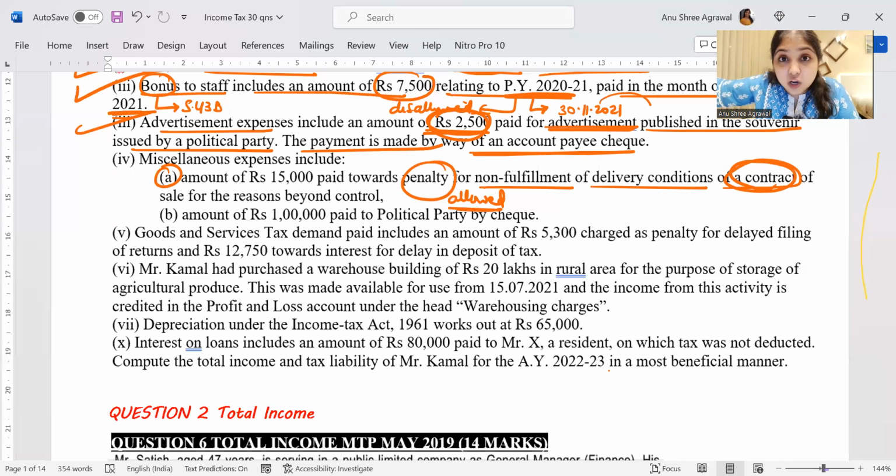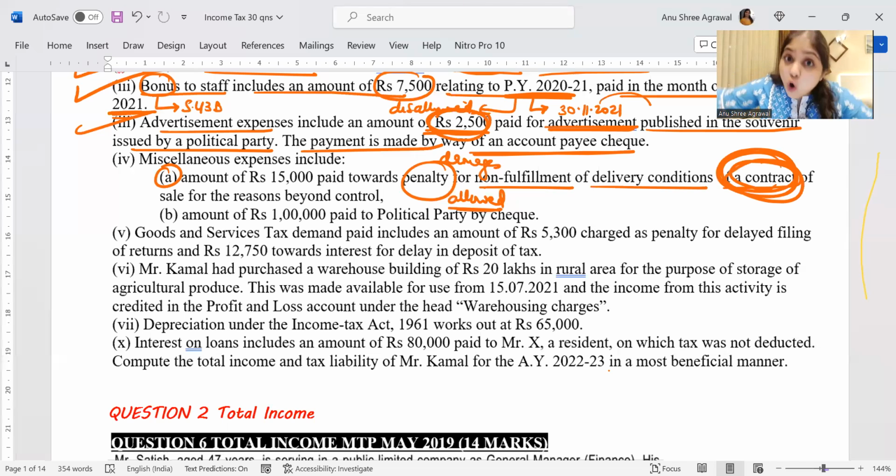If I violate a law, and for that violation the government levies a fine or a penalty on me, that is going to be disallowed. But tell me, here, did I violate a law? I did not violate a law. I only breached a contract. This penalty is nothing but damages for breach of contract, isn't it, guys? All this we don't disallow.